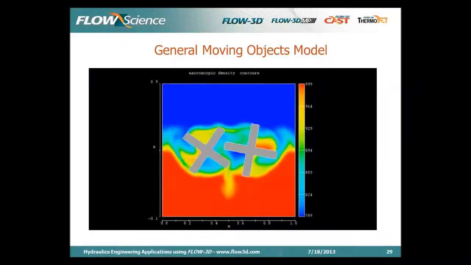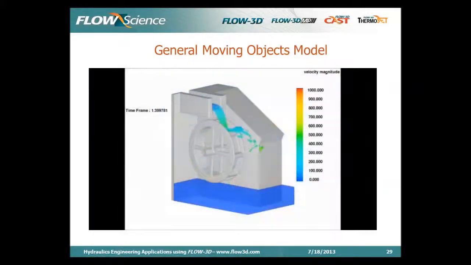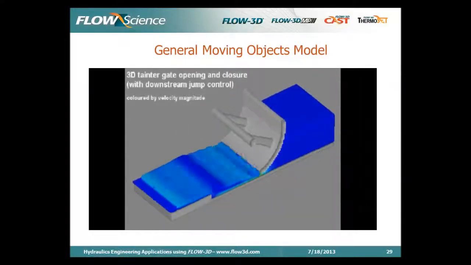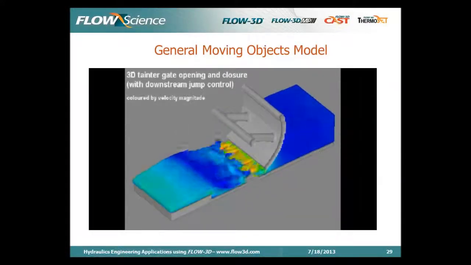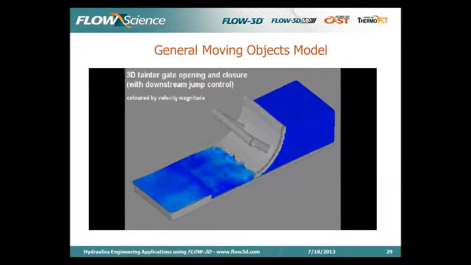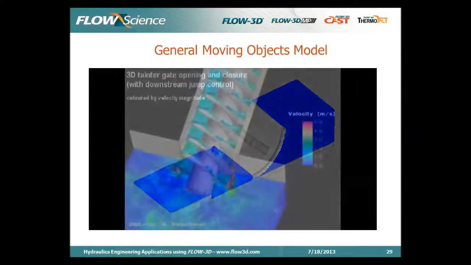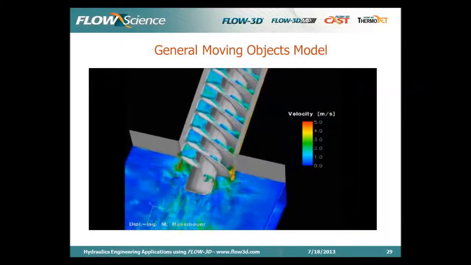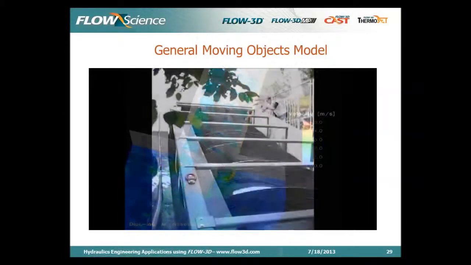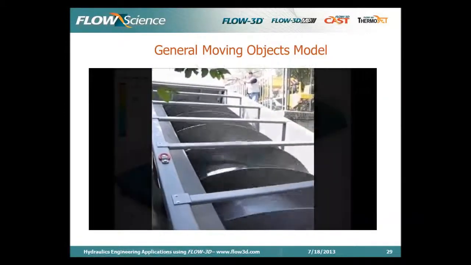You can put the radii of gyration, mass, everything, geometry. Works very well for ships. And then even in this low resolution simulation, you can still see the hydraulic jump forming downstream behind the tainter gate. Hydraulic screw. With a real life example here.